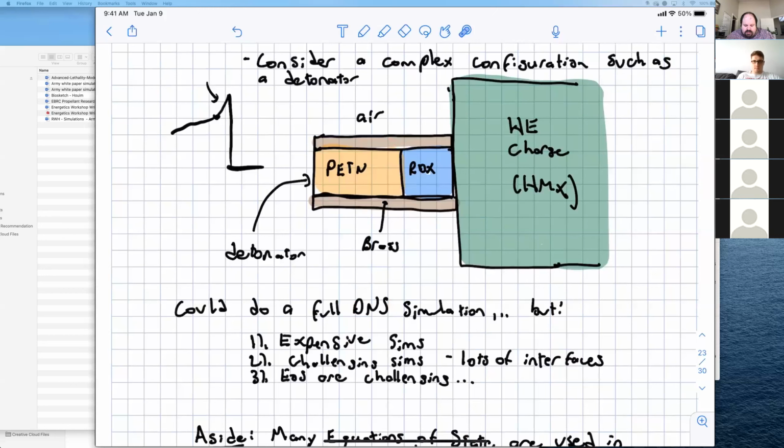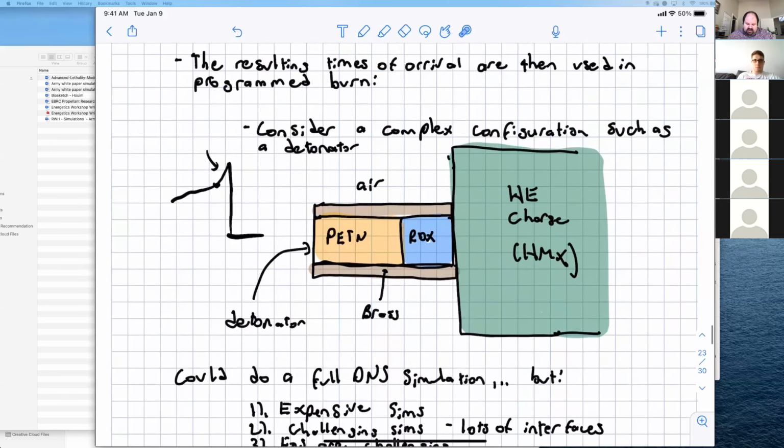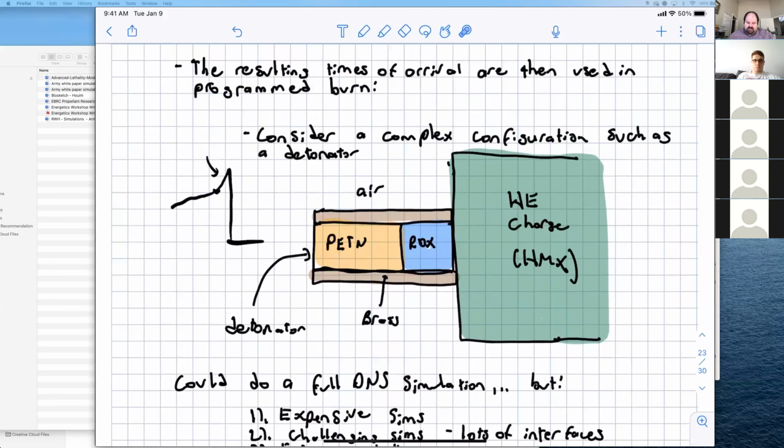And so what a programmed burn does is, rather than actually resolving the detonation front, you basically use the time of arrival plot that came out of DSD theory, and then you say, well, I have a detonator.